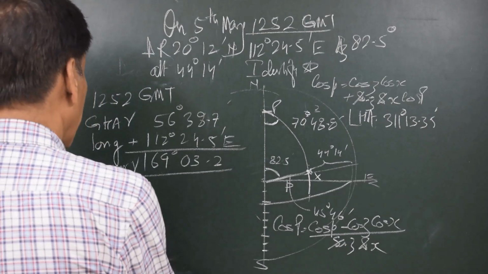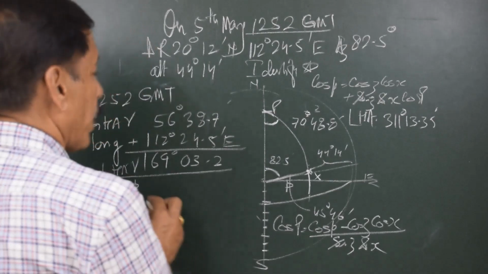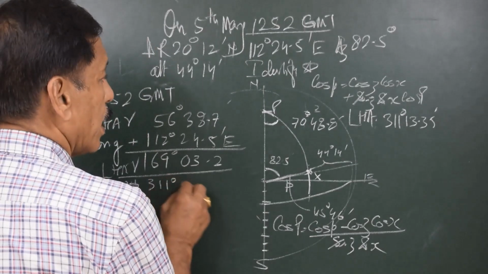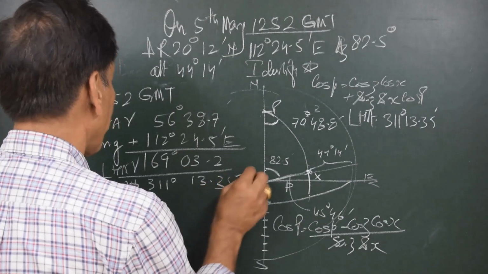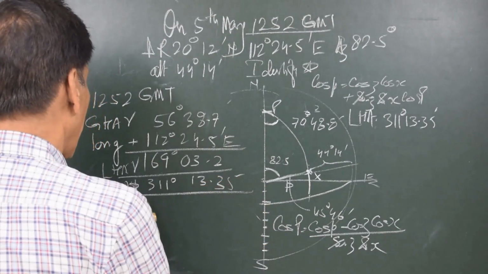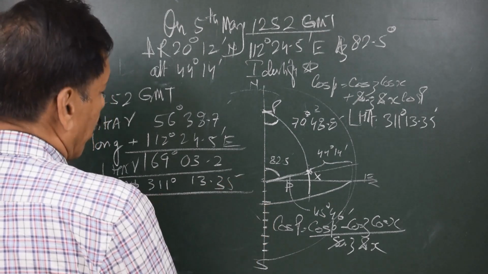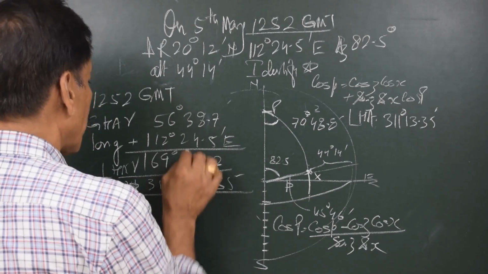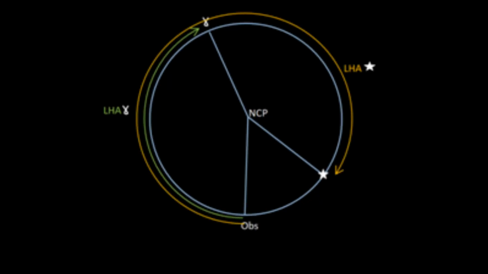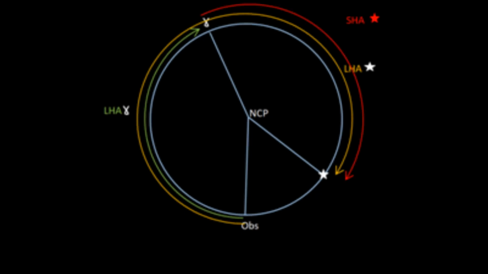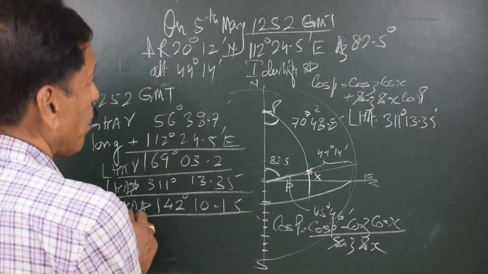But LHA star is 311 degrees 13.35. And we know that SHA star is LHA star minus LHA Aries. So from the LHA star we should subtract LHA Aries to get SHA star. 142 degrees 10.15 is the SHA of the star, and declination we have found before only, right?